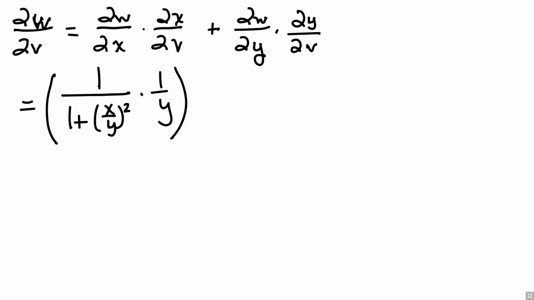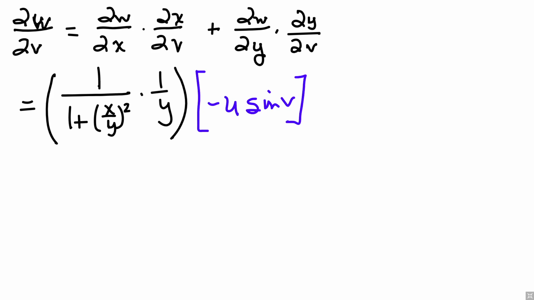Now, for the second piece, if I do the partial of x in respect to v, what will I end up with? Negative u sine v, right? Negative u sine of v, yes.